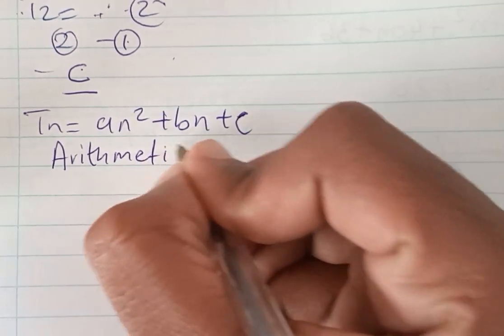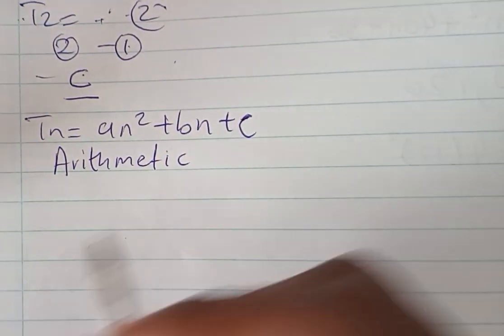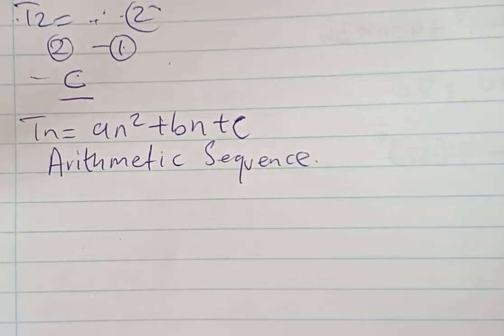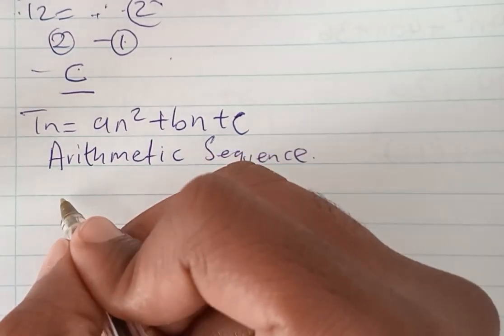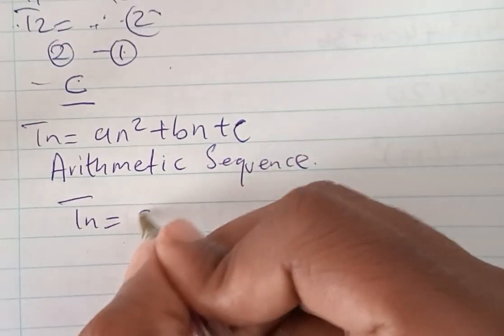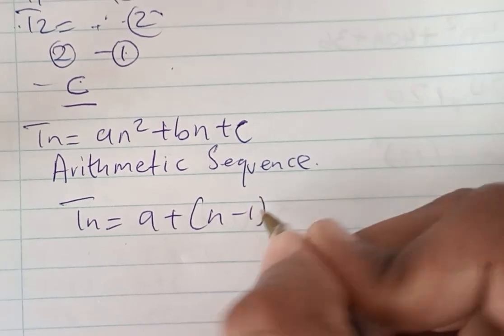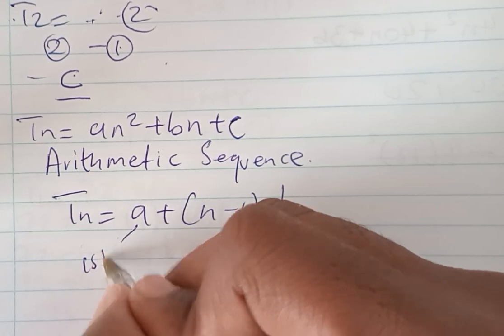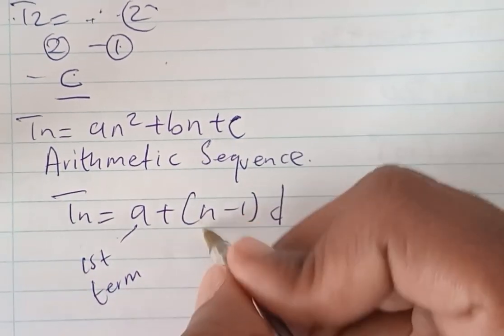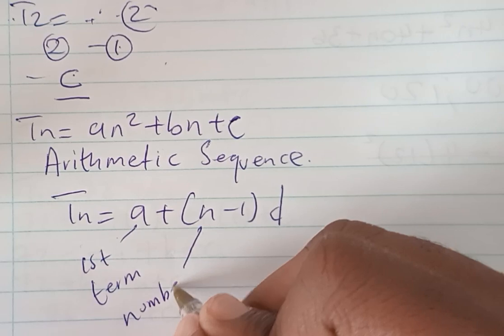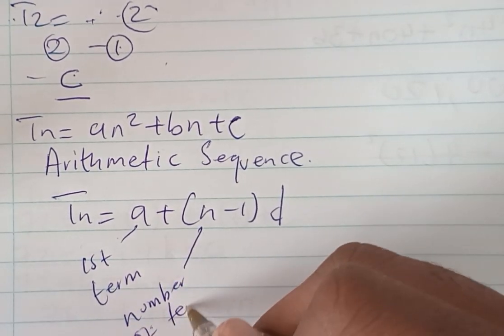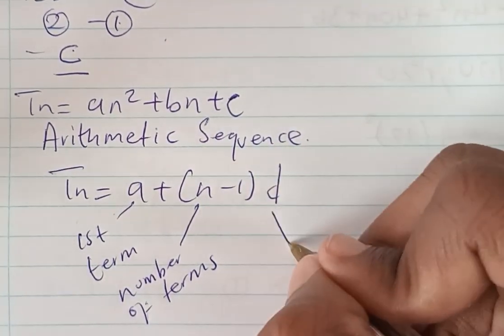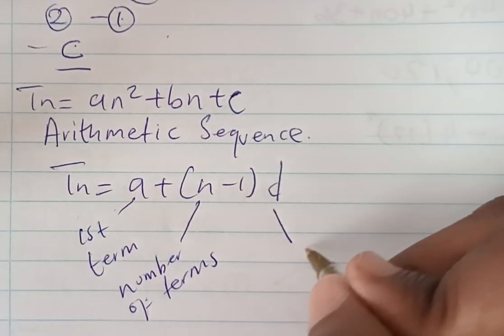arithmetic sequence. So for arithmetic sequence, the general formula is like this, whereby a is the first term, n is the number of terms, and d is the difference.